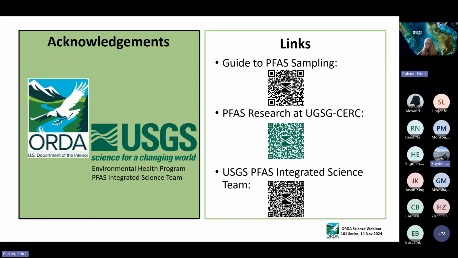Well, I'll just ask a quick question, Erin. What do you think are the limitations of the current sampling techniques for PFAS? Some of the limitations are going to include consistency across all studies. I think for the most part, most people are pretty consistent in terms of using the polypropylene.